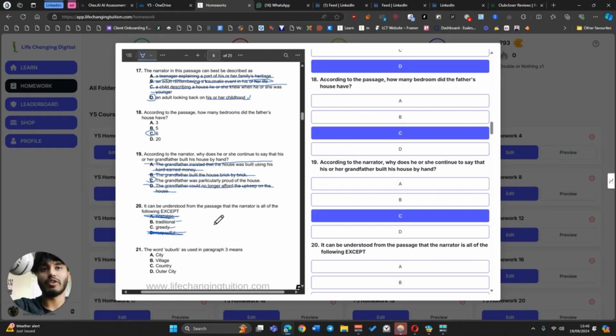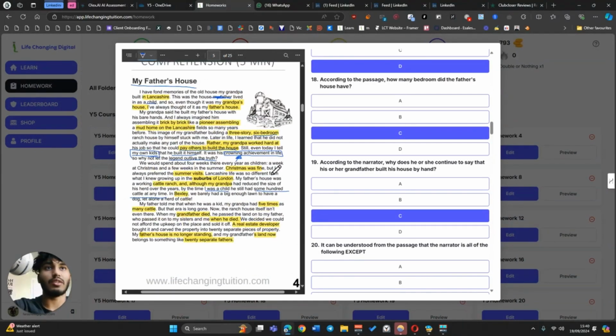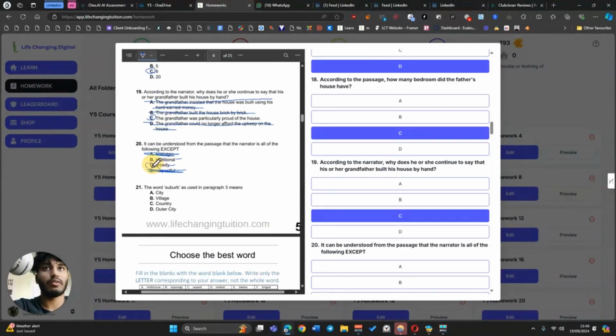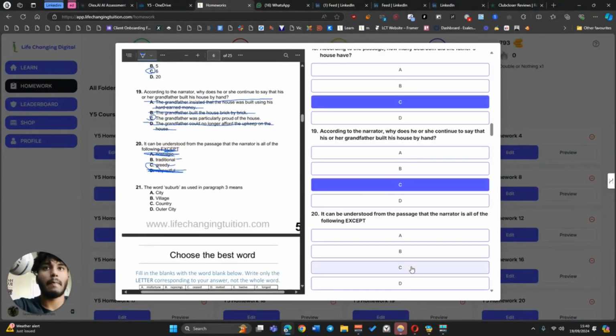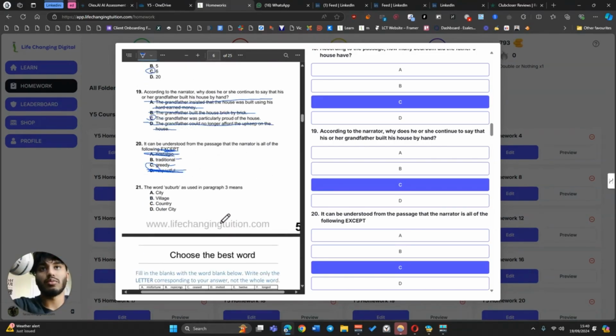We'll have to be the greedy or traditional, which one is he not? Now, I don't think there's any real evidence to say that the narrator is greedy, and I think there's more evidence to say that he's traditional, so I'm going to stick with option C as the answer to this. I mean, the general tone of the passage isn't even trying to present the narrator as greedy, so we'll stick with option C.